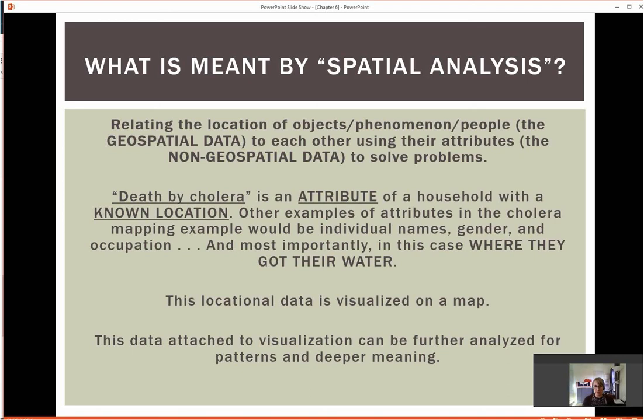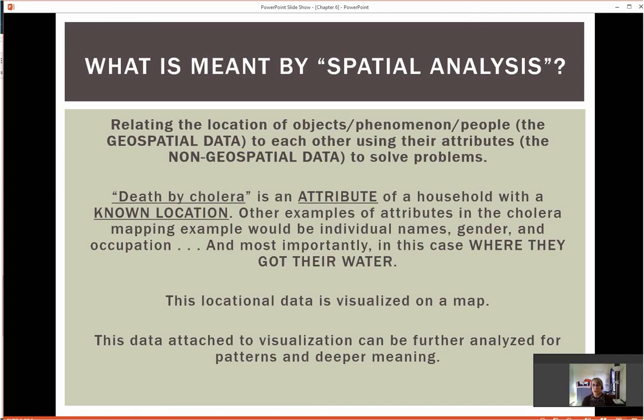As we already know, GIS and using geospatial data is about finding the relationships between items of geospatial information. By relating the location of objects, phenomena, and people, the geospatial data, to each other using their attributes, which is the non-geospatial data we discussed last week, we can solve problems. In the case of John Snow, death by cholera would be considered an attribute of a household that has a known location.